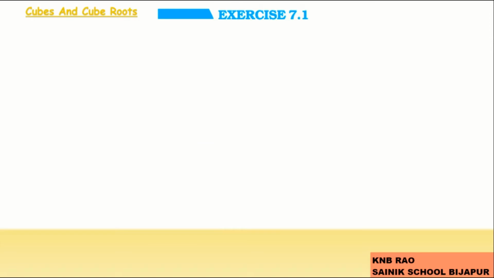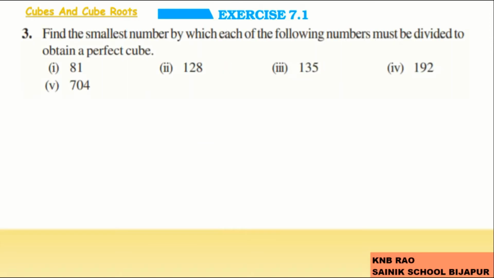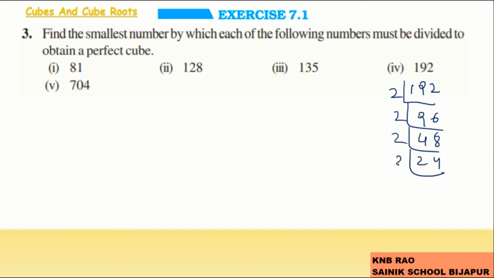Now, let us take one more question out of this 5. Let us say I am solving 192. So, when 192 is prime factorized, 2 9s are 2 6s are 2 4s are 2 8s are 2 24s are 2 12s are 2 6s are 2 3s are.